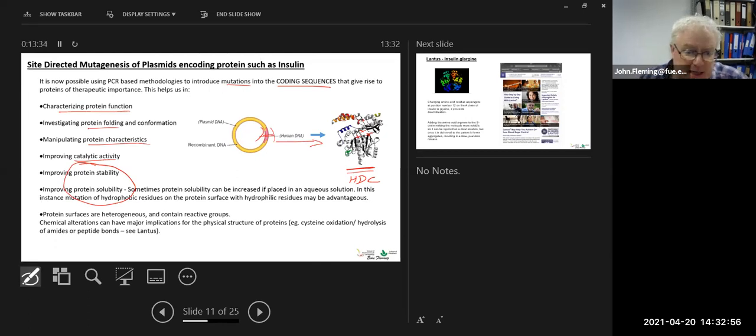I suppose this is of particular relevance and importance within the biopharma industry, because we would try to get proteins that would be soluble in aqueous solution. We don't want them forming aggregates and lumps. Very often the formation of these aggregates has to do with the fact that there are hydrophobic amino acid residues located on the surface of the protein.